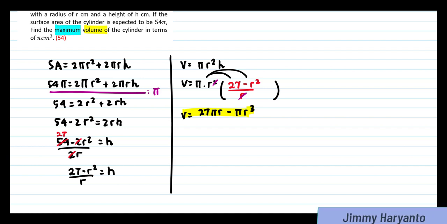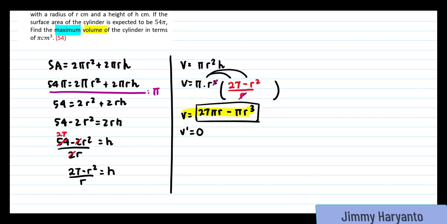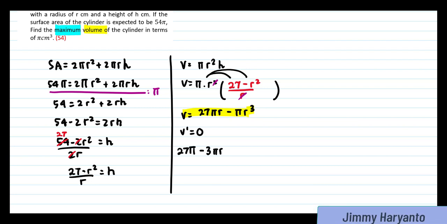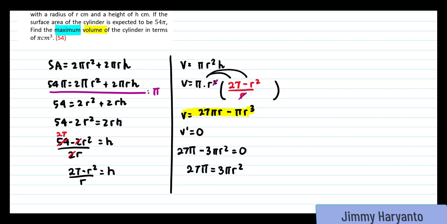And then the next thing you have to do is to use the word maximum. Maximum value means the first differentiation equals 0. The first differentiation of this one will be 27 pi minus 3 pi r square equals 0. You can move the 3 pi r square to the right hand side like this, and then r square will be 27 pi over 3 pi.